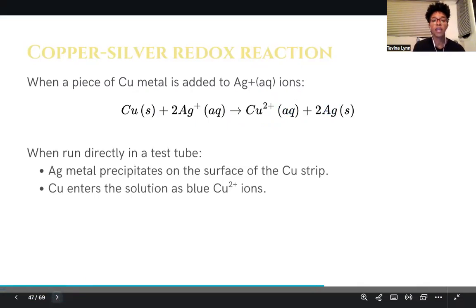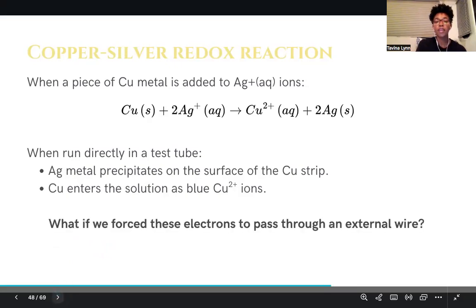If we do this directly in a test tube, we'll see the silver metal precipitate on the surface of that copper metal strip, and the color of the solution change as our copper 2 plus ions form in solution.